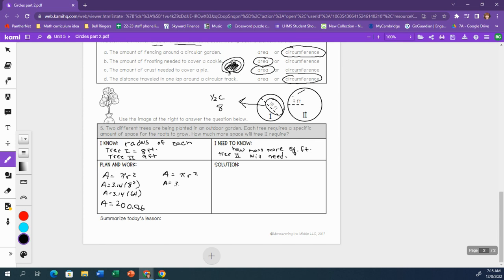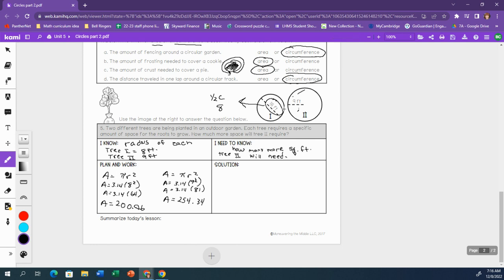Okay. This one, area equals pi r squared. Area equals 3.14 times 9 this time, 9 squared. Area equals 3.14 times 81. Area equals 254.34.